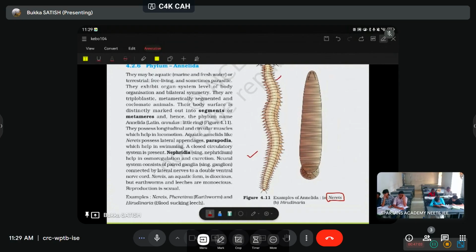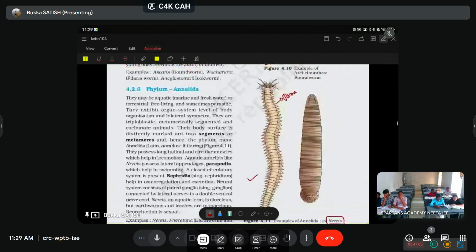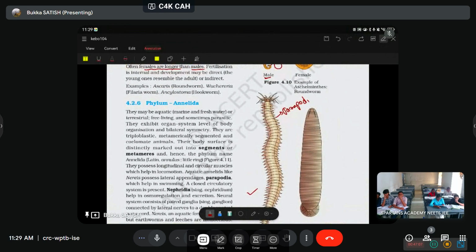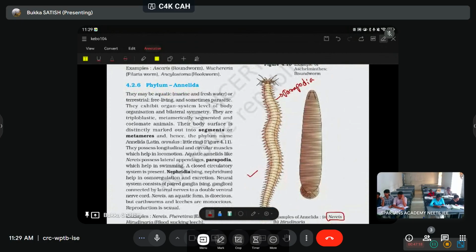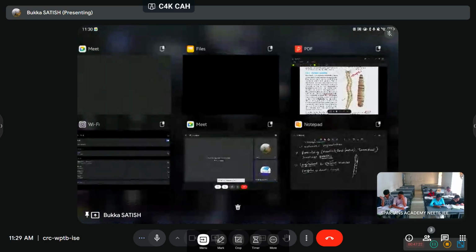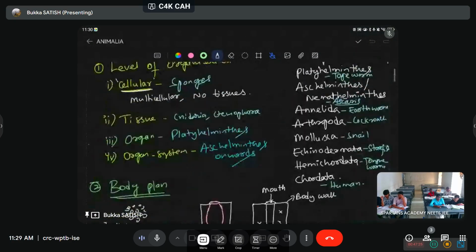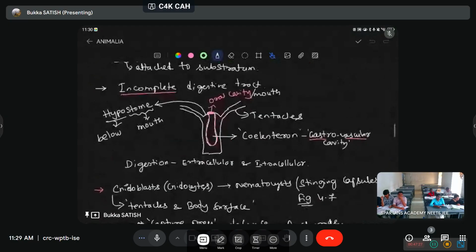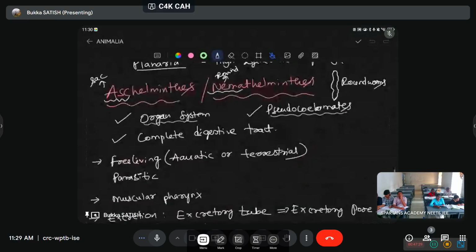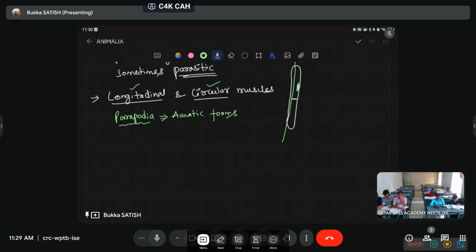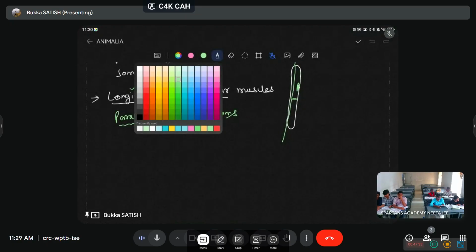These are the parapodia. So parapodia are present only in the aquatic forms, not in the terrestrial forms. Keep in mind, only in the aquatic forms, which will help in swimming, of course. Right. Next one.